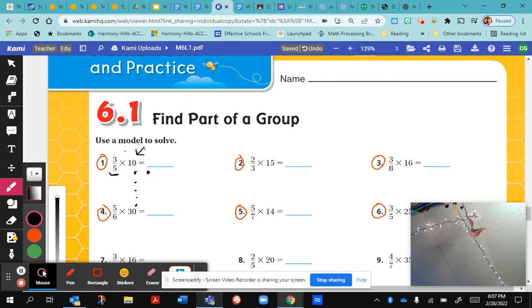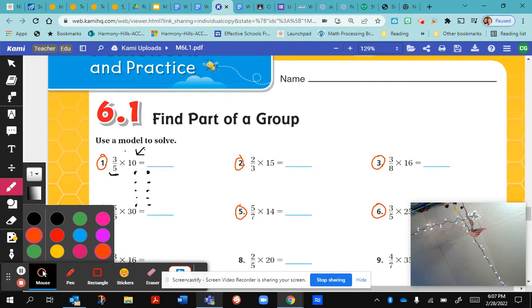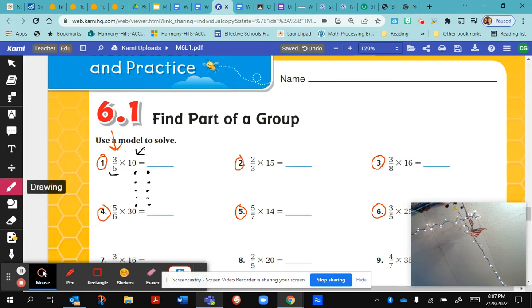I have 6, 7, 8, 9, 10. So I'm going to have a total of 10 dots, and it's going to be 5 rows. My numerator then is going to tell me how many groups I'm going to show. So it's going to be 3/5 of the 10.